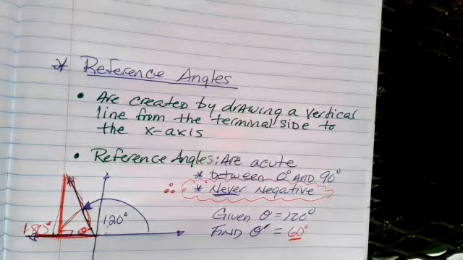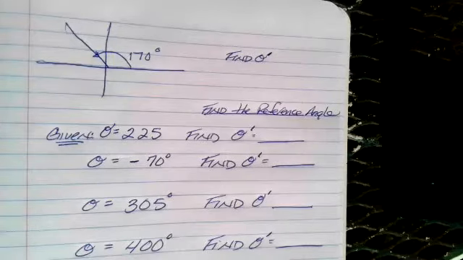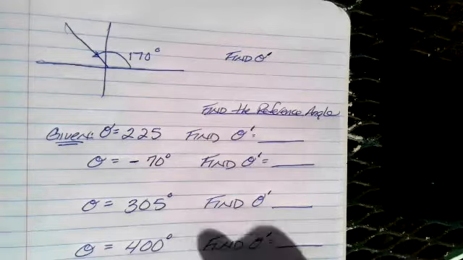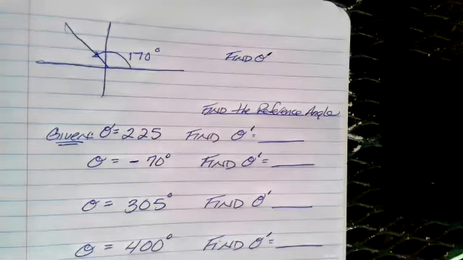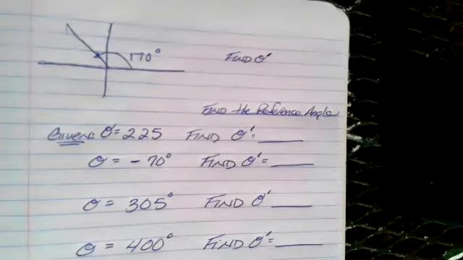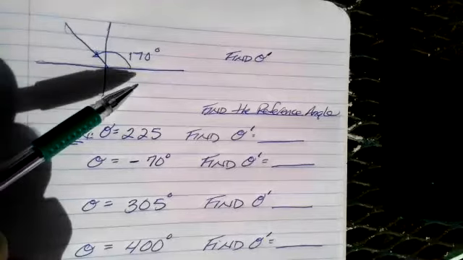Let's do some examples. Hold on, I'll turn the page. So here we have 5 examples where you're given an angle and you're asked to find the reference angle. In this first example, the angle given is 170 degrees.